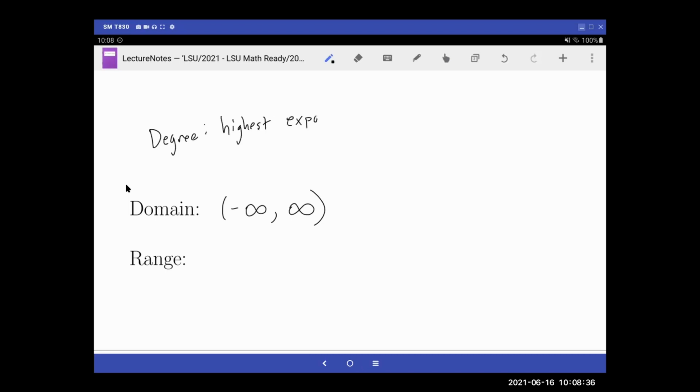Okay, so if I'm looking at the highest exponent, and I see that that exponent is an odd number, then the range will be negative infinity to positive infinity. Okay, because it has some sort of graph like this. All right, that's an odd degree polynomial. It goes down forever, it goes up forever.